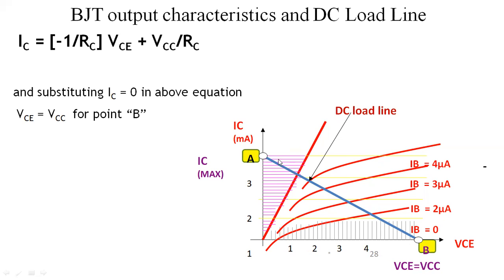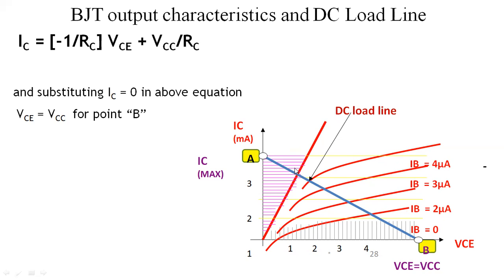So what is the collection of all those points? This blue line indicates the set of points where we have to operate our transistor so that its operation can be controlled, either in amplifier mode, cutoff mode, or saturation.